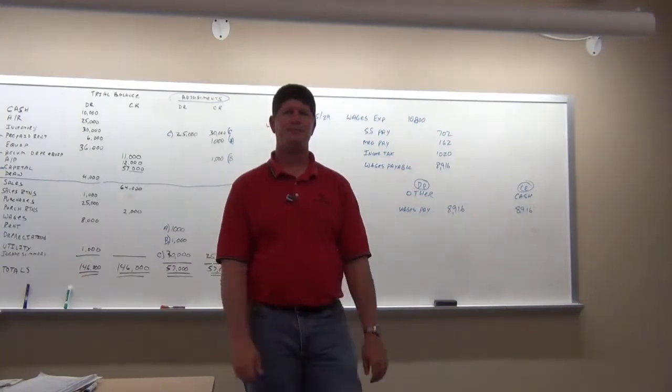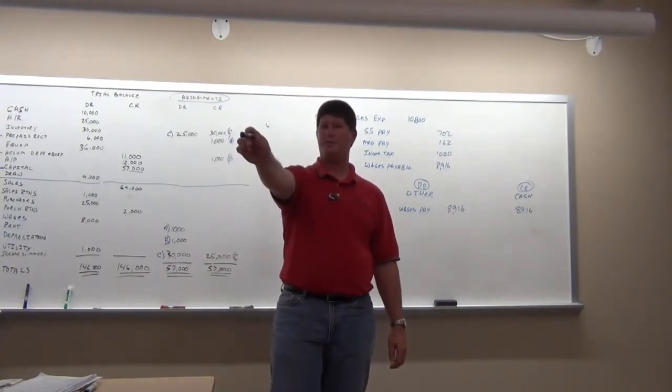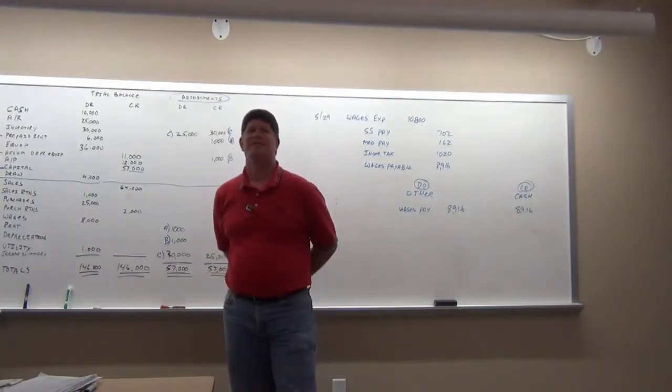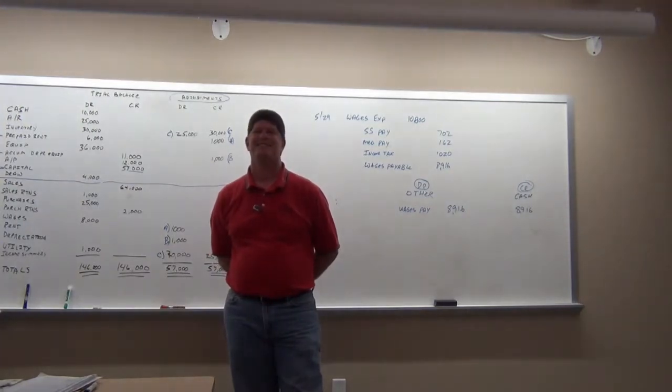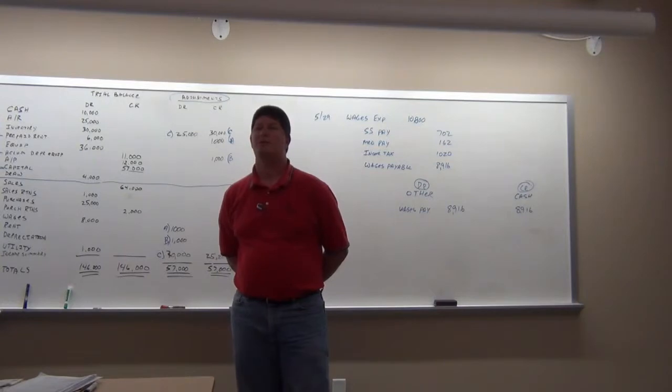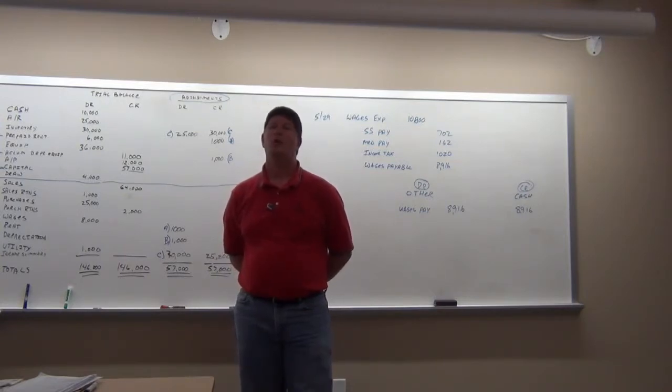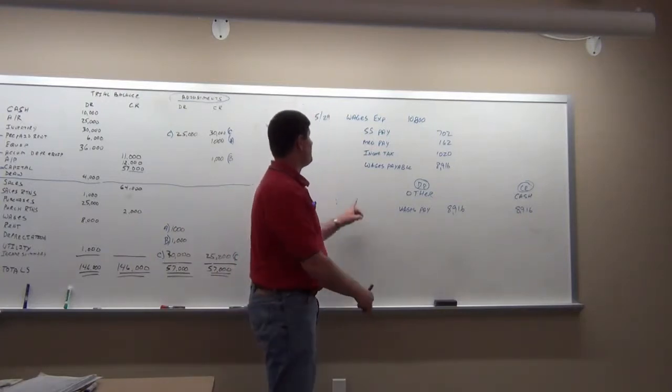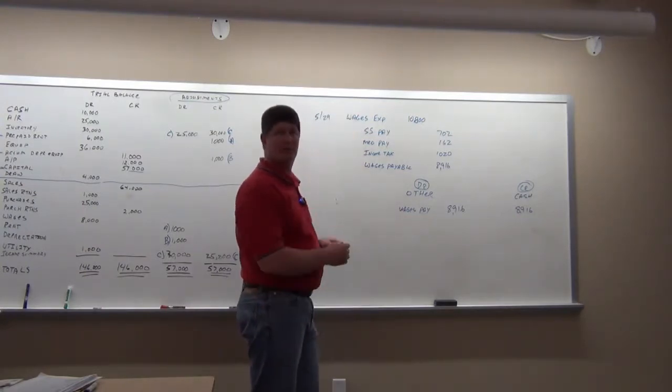Okay? Are we good? Yes, but then it goes to record the employer's payroll taxes. So it's like the second piece. Where do the employer's payroll taxes get entered? General journal. So I'm going to switch back to general journal.